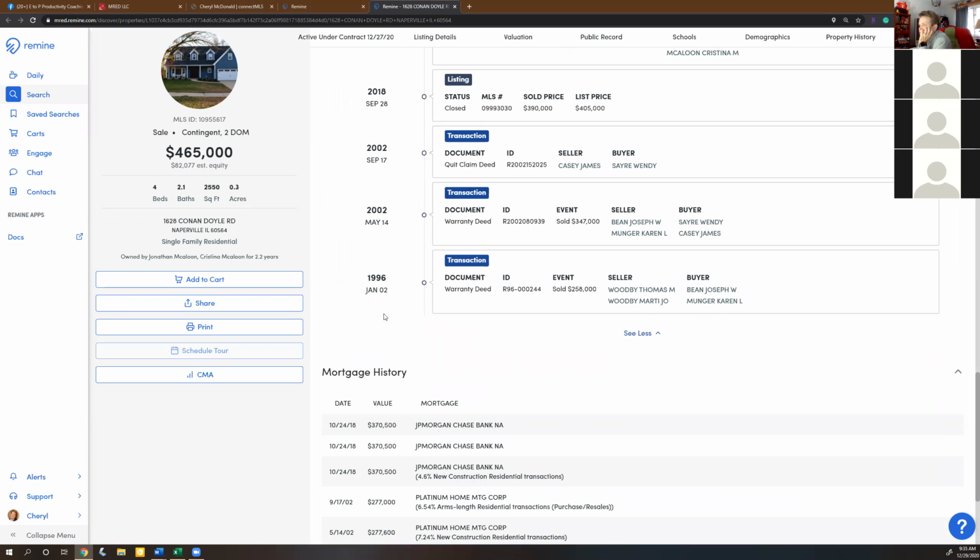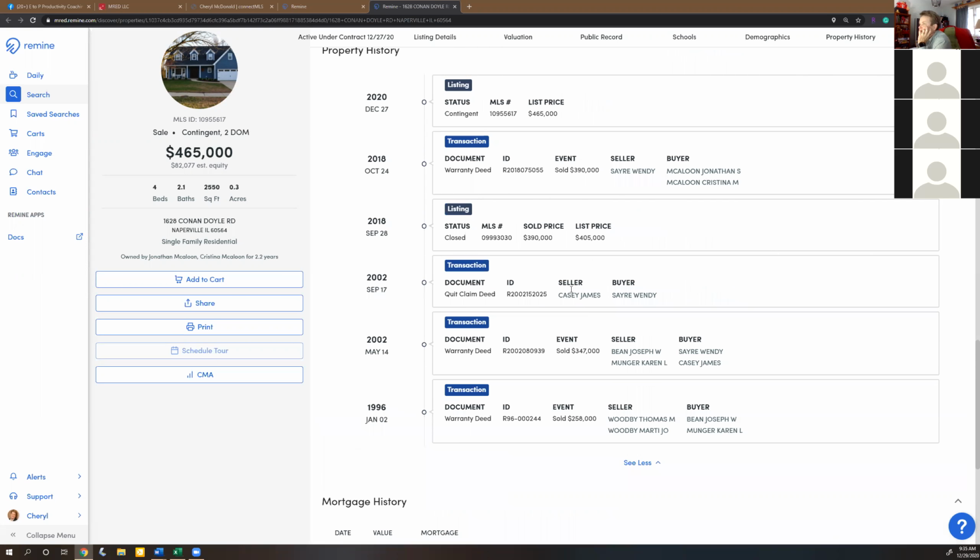All right, it looks like the property was originally built and or sold in January 1996. So it looks like they have lived in it for a little over 2 years.